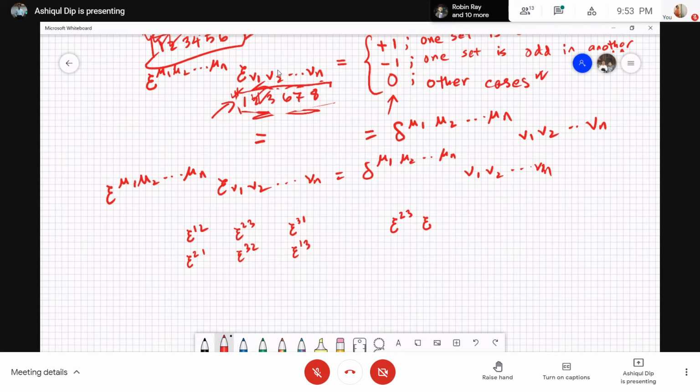I think I made a mistake. The mistake is that this relation is true when the dimension of the space matches the number of indices. So for 2 dimensions this will hold, or 3 dimensions with 3 indices will hold.